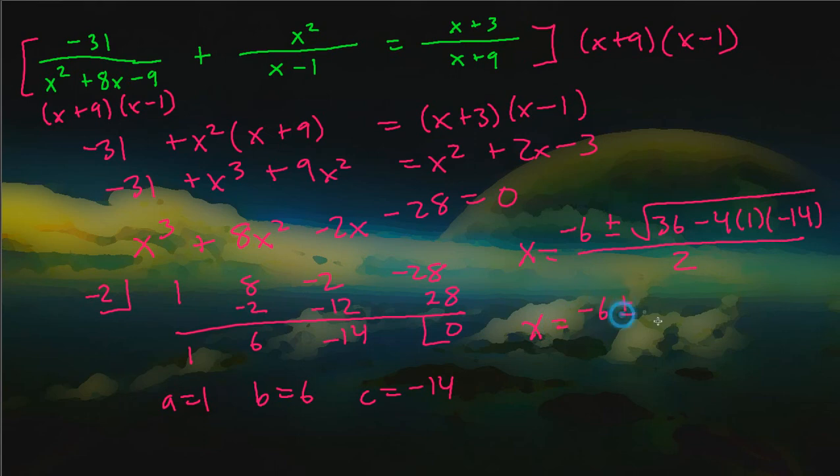So I get -6 plus or minus square root. Now I would type all of this inside into a calculator, and I think I get 92. And then I simplify that 92. It splits up to 4 times 23.